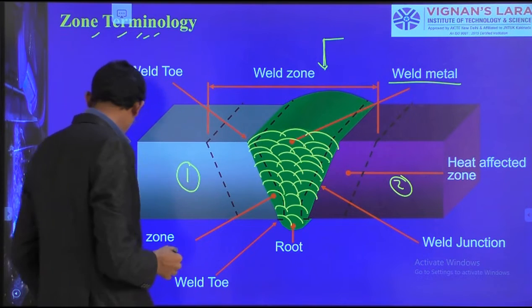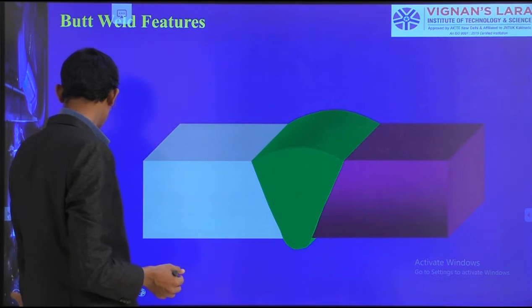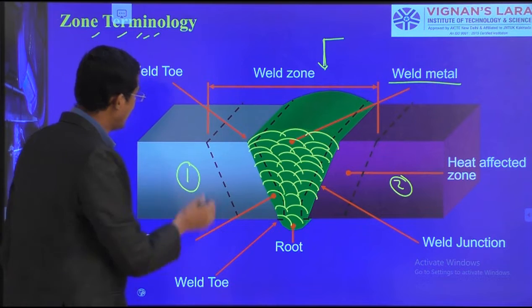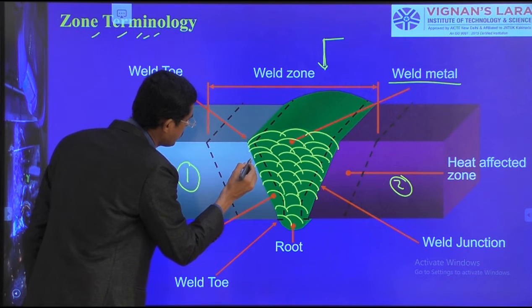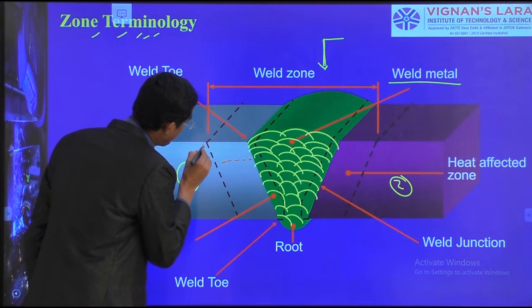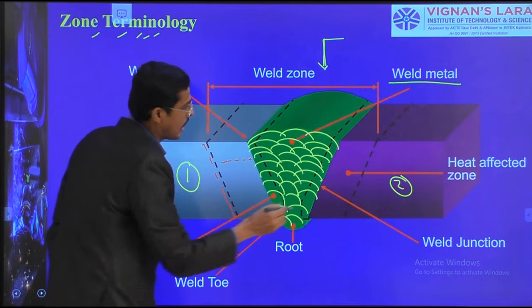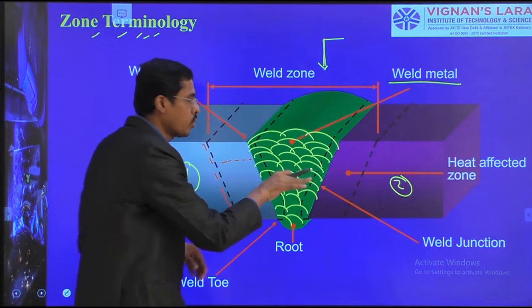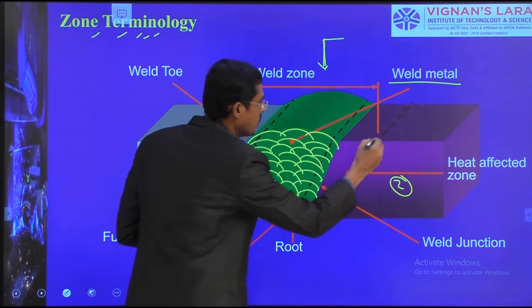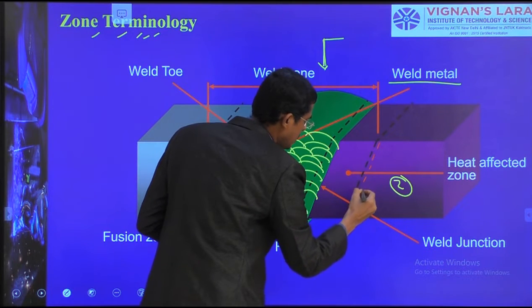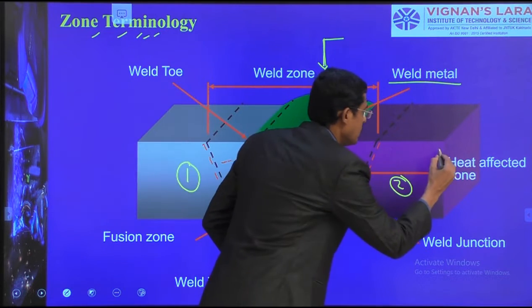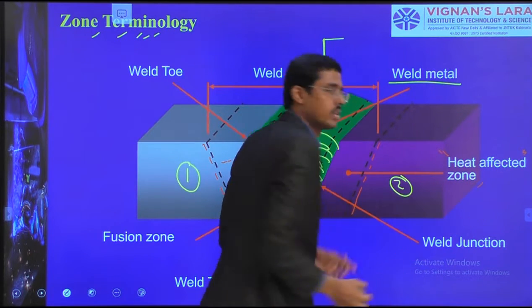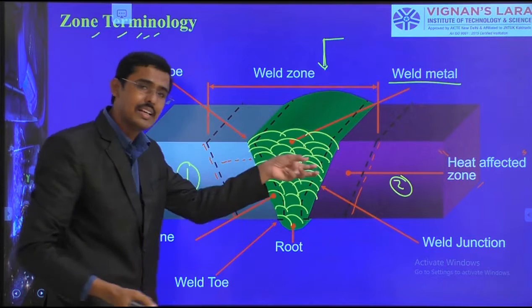Therefore, I am calling the small zone where the heat is distributed, on both sides, because two pieces are being welded, the heat affected zone.